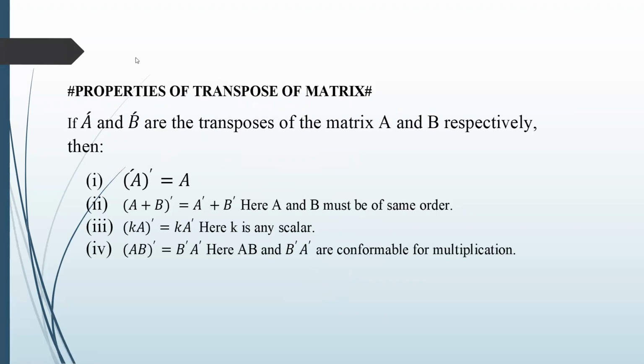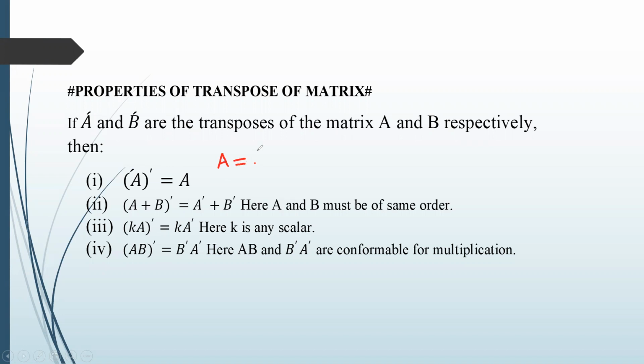Now we go for properties of transpose of a matrix. If A dash and B dash are the transposes of the matrices A and B respectively, then A transpose transpose is equal to A. It means the transpose of the transpose of A is again A. That means if we have a matrix, then first we find the transpose of that matrix.